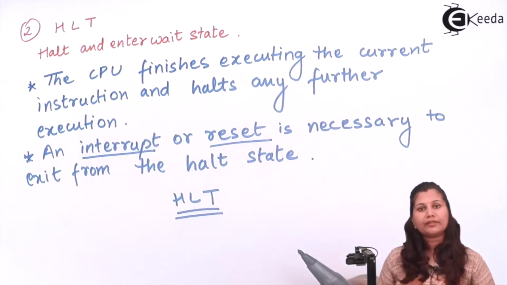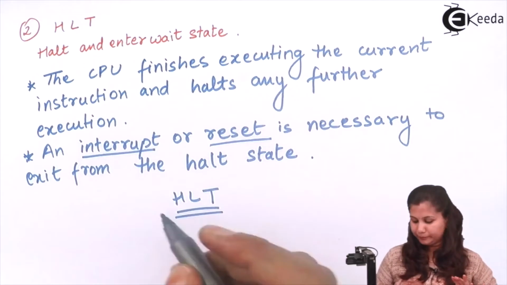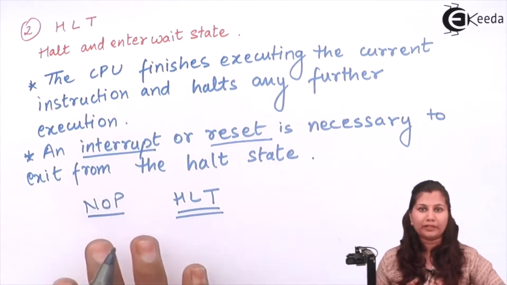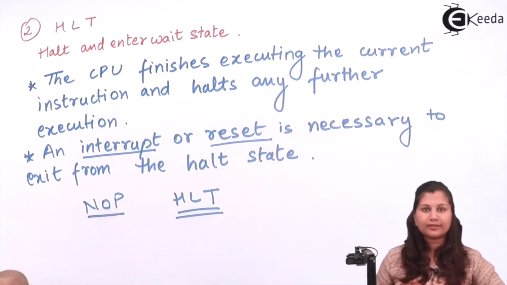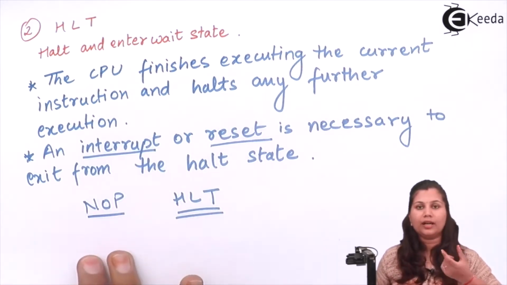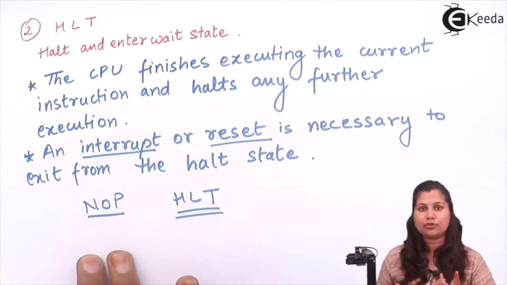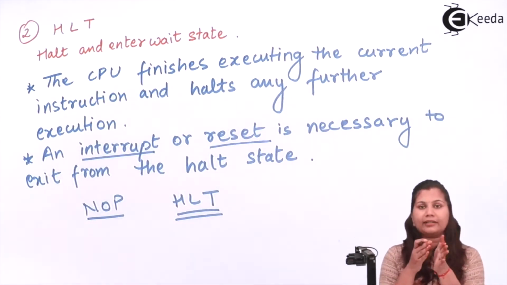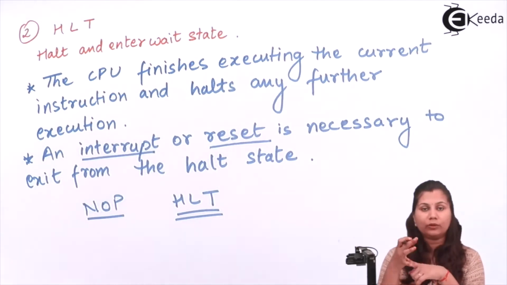Now, what's the difference between HLT and NOP? We have studied that NOP is no operation, and this instruction stops the execution of the instruction. If NOP is written, then that instruction will be fetched and decoded, but it will not be executed.